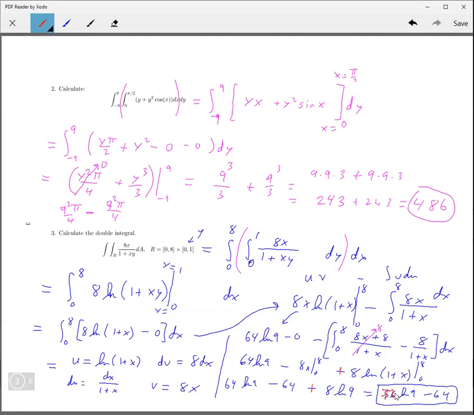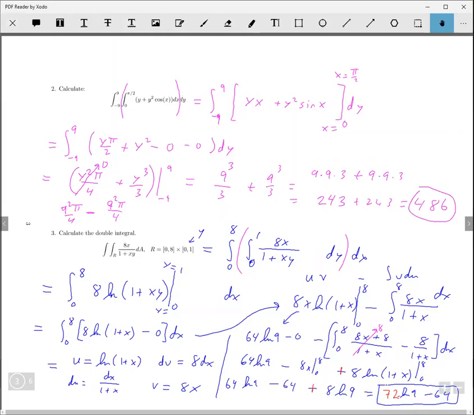Yeah, that works. So 72 log 9 minus 64. Okay, that works. Sorry about that. Okay, so that was kind of a challenging one. Maybe if we had integrated in the other direction, it might have been easier.